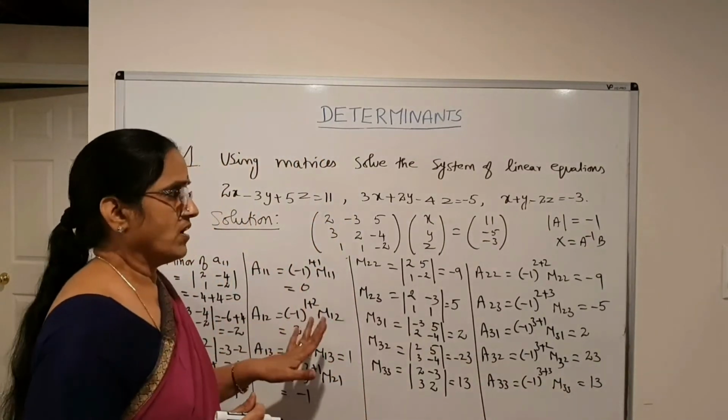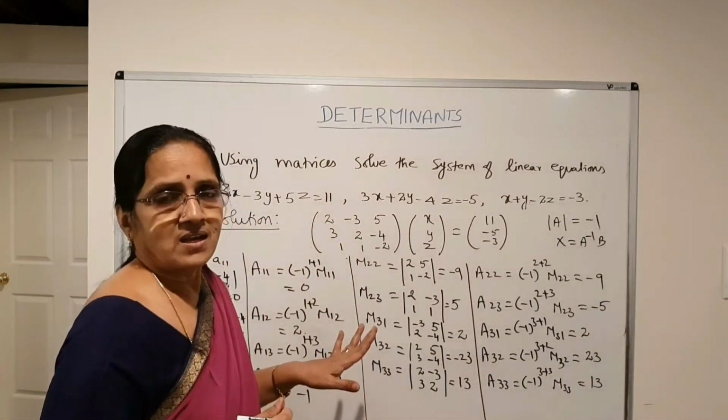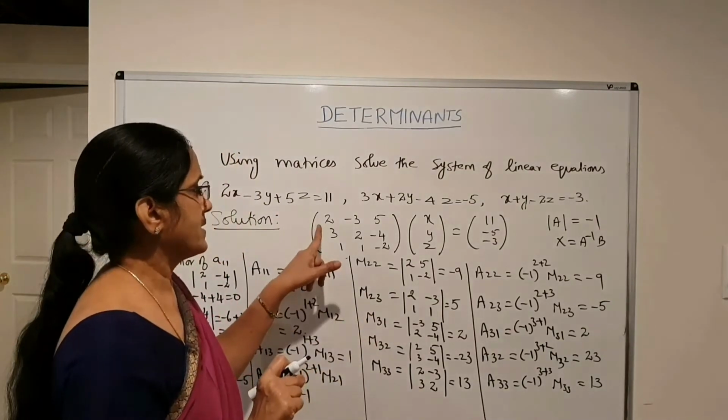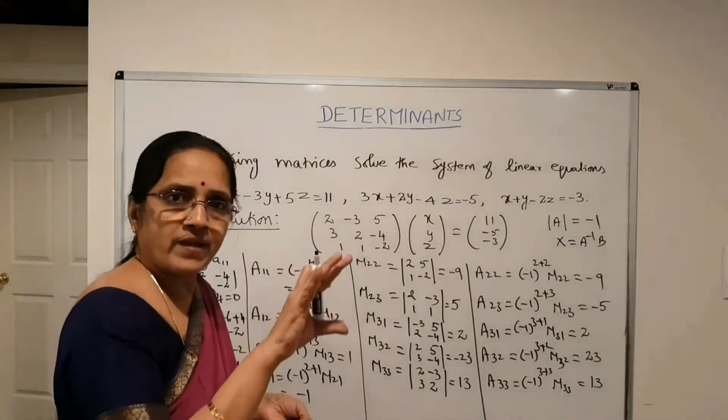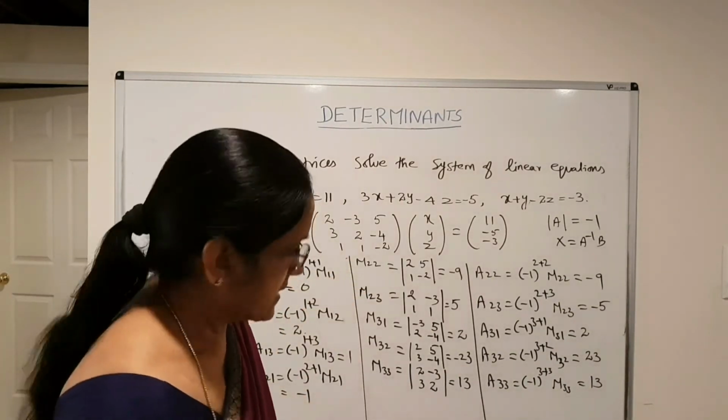Now I have got the cofactors of all the elements of the matrix A. Now my aim is to write the cofactor matrix. Let me write that now.